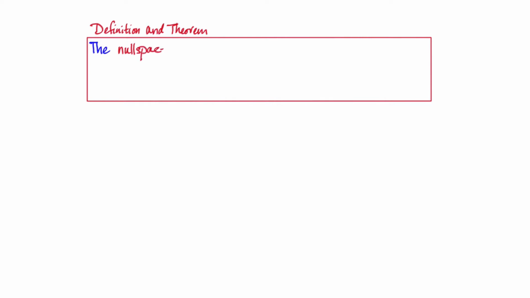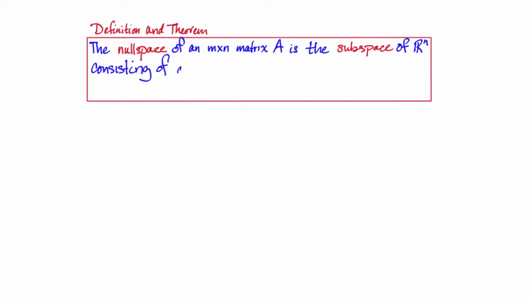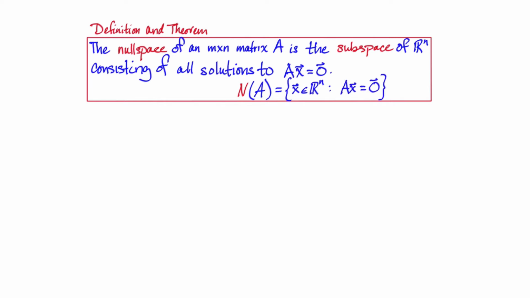The null space of an m by n matrix A is defined to be the subspace of Rn consisting of all the solutions to the linear system of equations A times x equals the zero vector. So it's a homogeneous linear system, and we call that the null space, and the notation is N(A). So it consists of all x in Rn such that A times x is the zero vector.